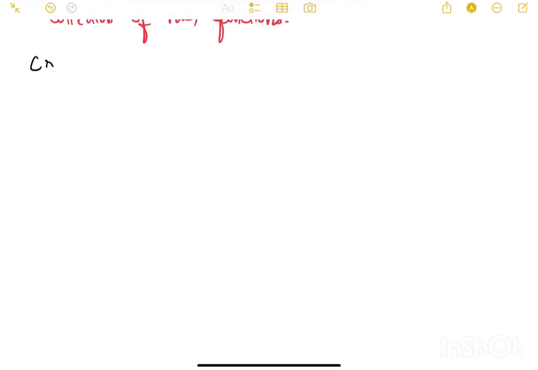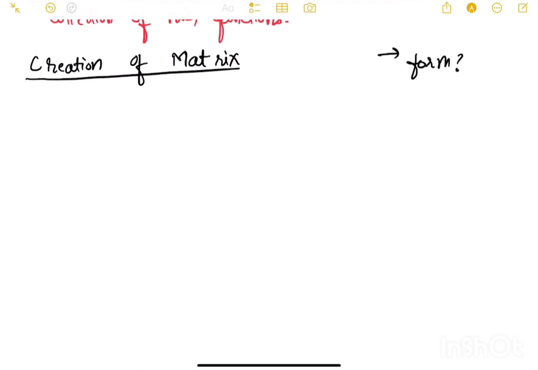Okay, so now what is the next thing? Creation of a matrix. How do we generally form a matrix? Then how to find the elements that belong to it.